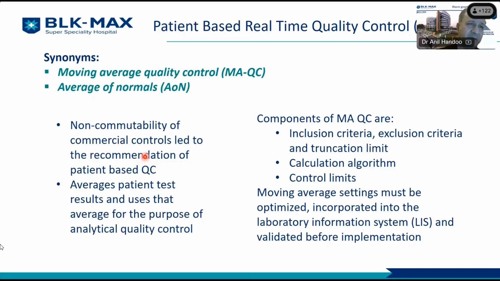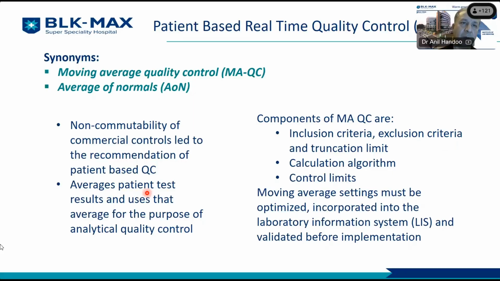They're not patients; they're supposed to be normal people. Now, when you have such a lot of variability, applying moving averages may become a major challenge. So the important point is that you have to know what your inclusion criteria are, what your truncation limit is, to what level you can actually put up your limits, and what data you're trying to look for, to see whether your instrument is performing correctly or not.